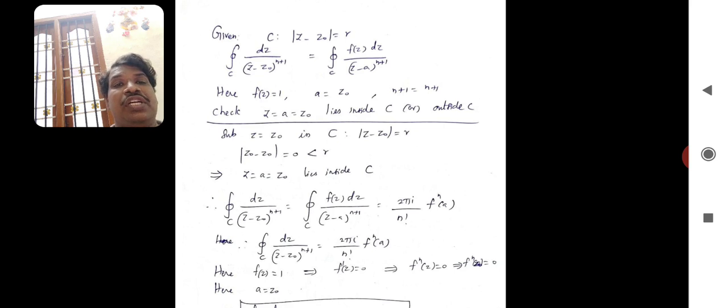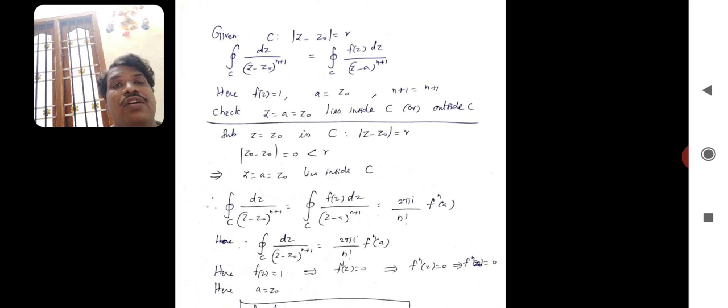So after substituting, you take the answer and compare with the radius of the circle given. In the question, the radius of the circle given is r and r is greater than 0. So the answer we are getting after substituting the z value is less than the radius given. So therefore I can say the point z equal to z0 lies inside the given circle C.